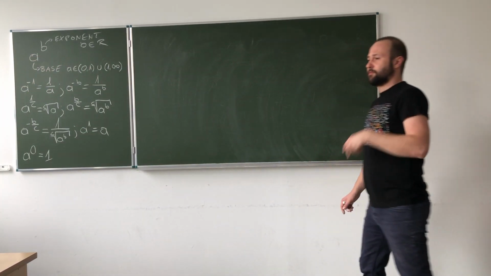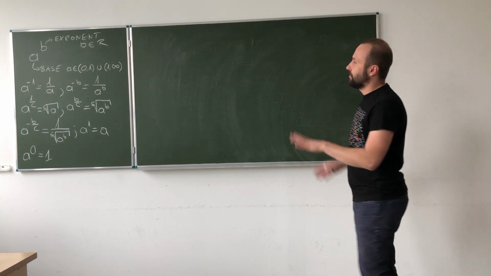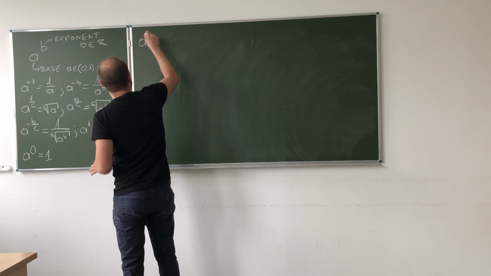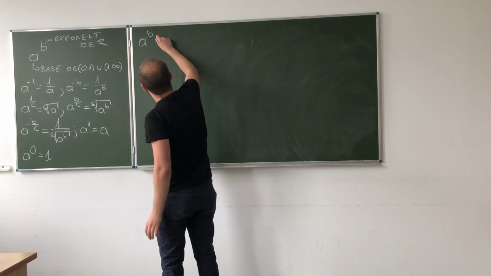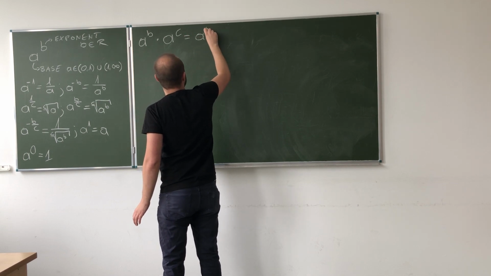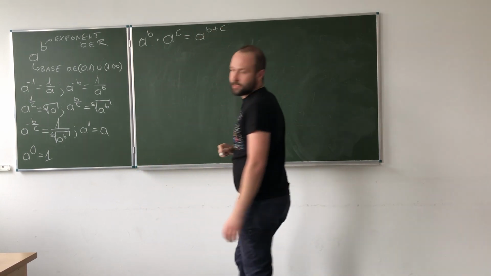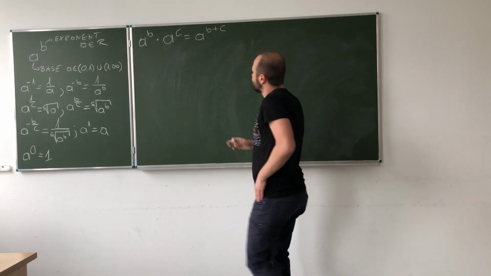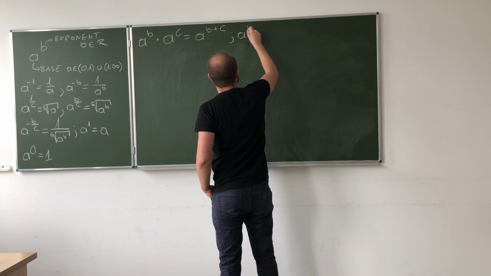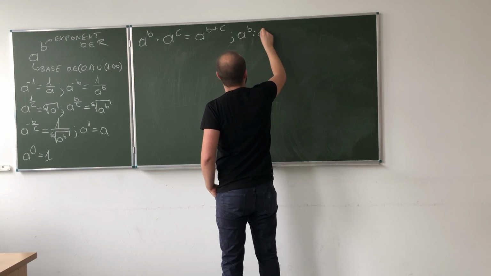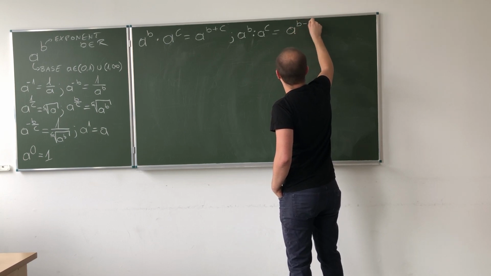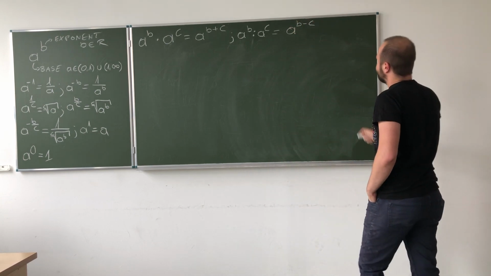Okay, then we have some rules of operations on expressions with exponents. The first one is that a to the power of b times a to the power of c is the same as a to the power of b plus c. The next one is a natural extension of this one, that a to the power of b divided by a to the power of c is the same as a to the power of b minus c.